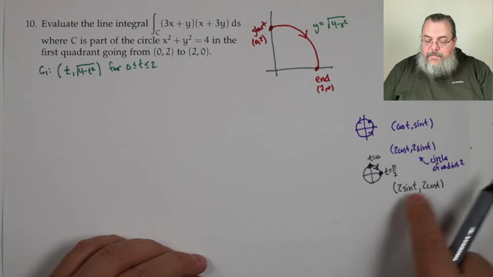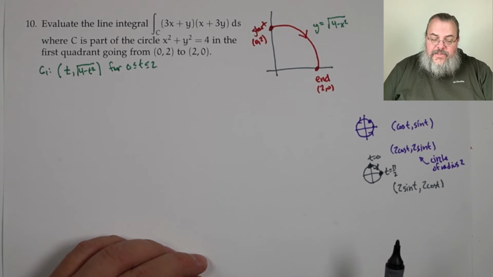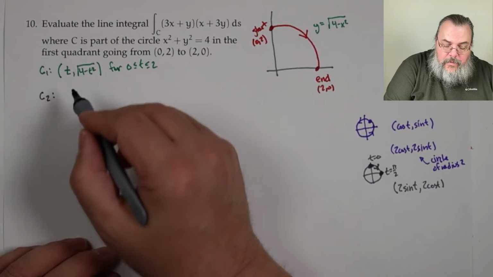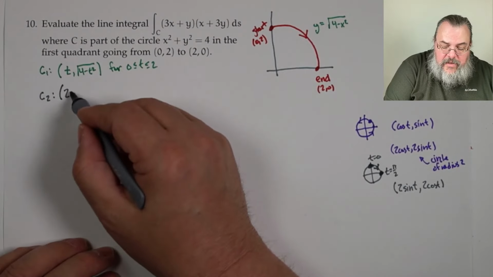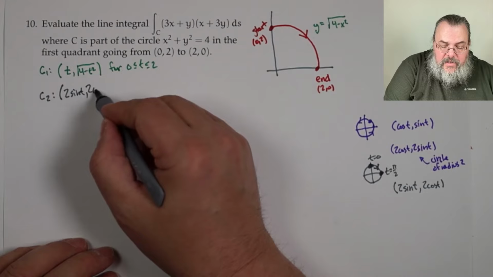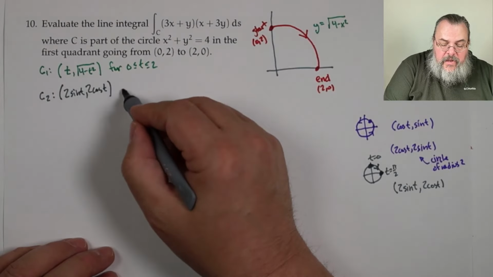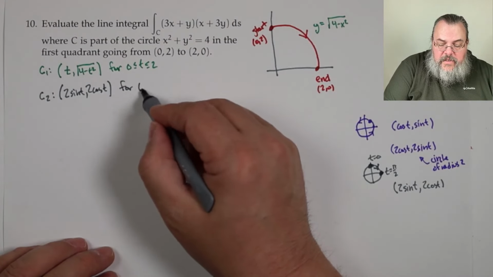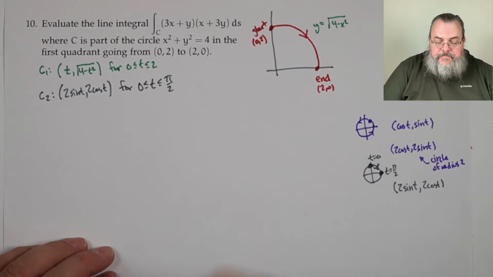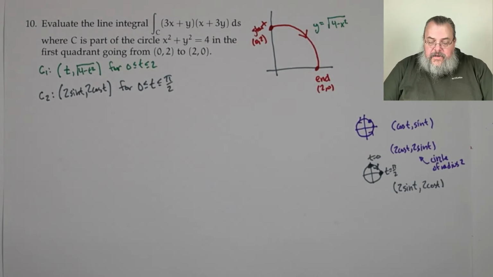So you can do a couple of modifications. Our curve 2, we can say, let's let 2 sine t, 2 cosine t for 0 less than or equal to t less than or equal to pi halves. And now let's do curve 2.